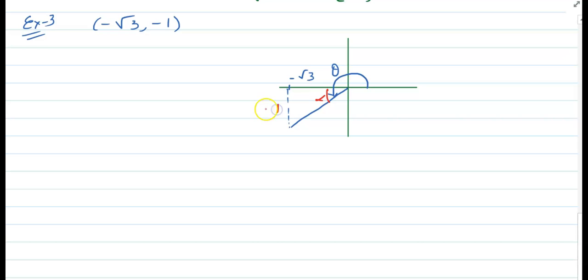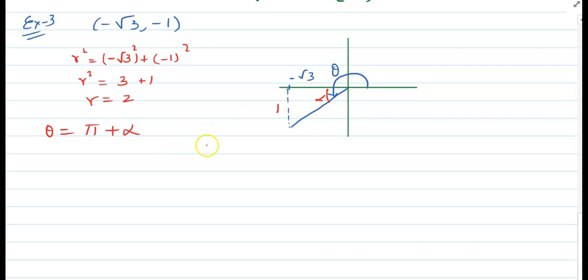So minus is the negative direction, so r squared equals minus root 3 squared plus minus 1 squared. So r squared equals 3 plus 1, that is 4. So r we got 2. Now the first angle, theta, in this case will be pi plus alpha, and alpha we can find out.